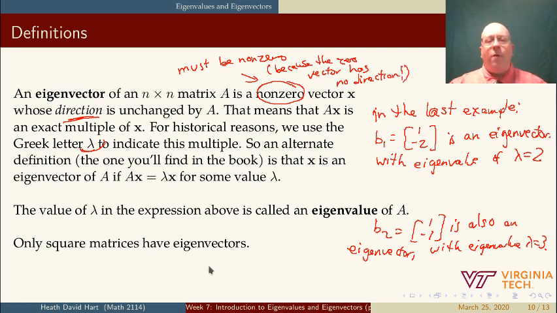And only square matrices have eigenvectors. If the matrix is not square, then the transformed version of a vector will be a different size than the original vector, and therefore it can't be an exact multiple.